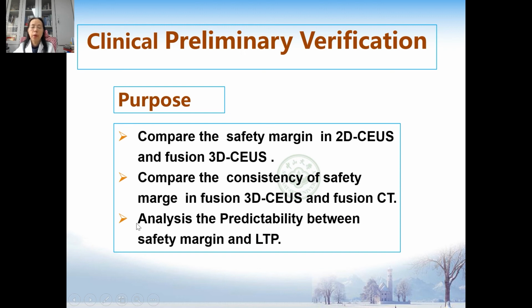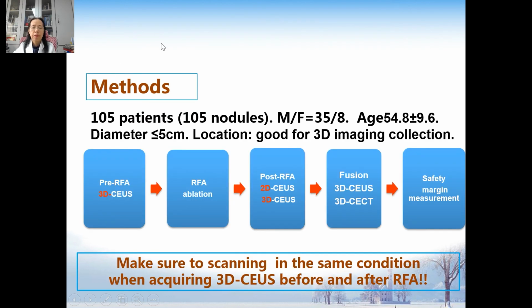And then we also analyze the predictive value between the safety margin and the local tumor progression. We included 105 cases in our study.